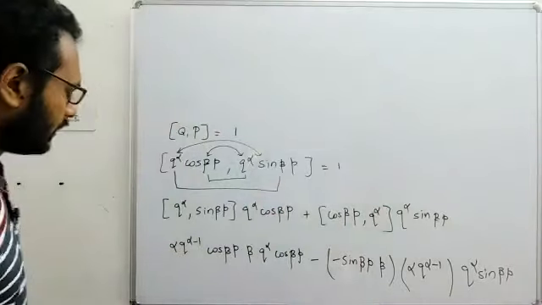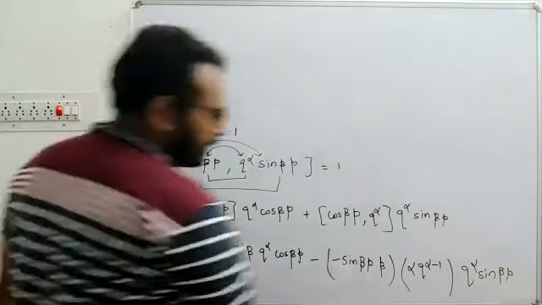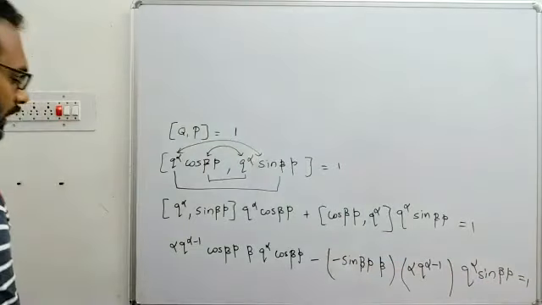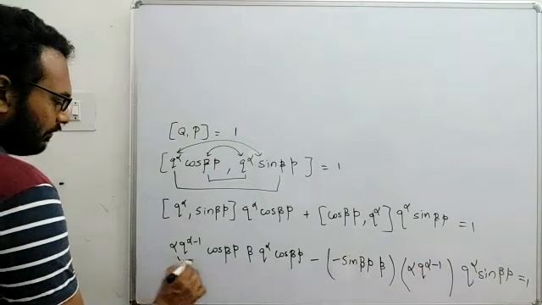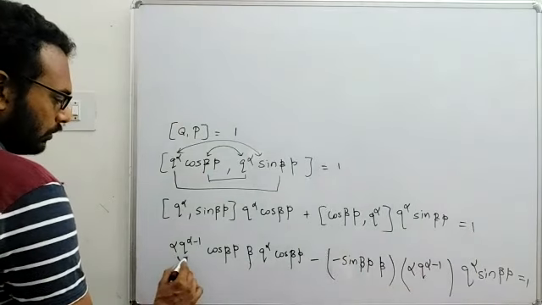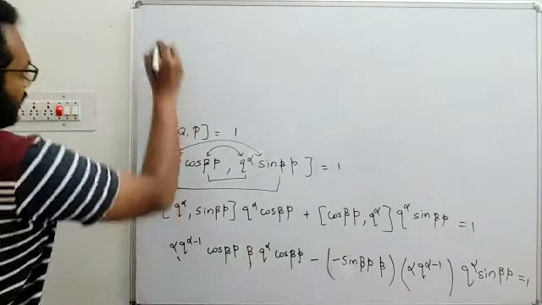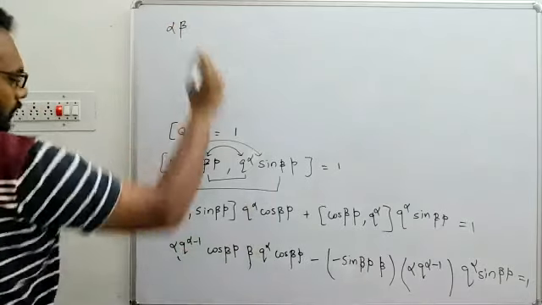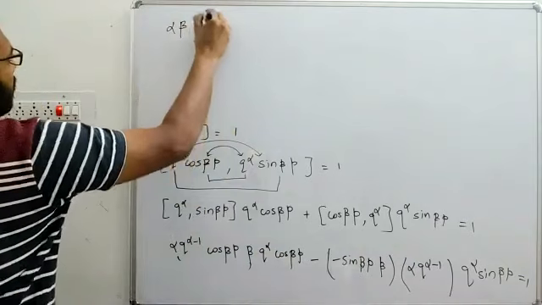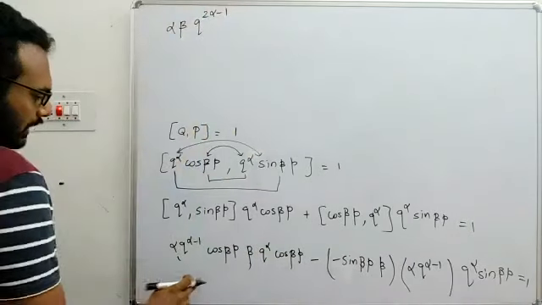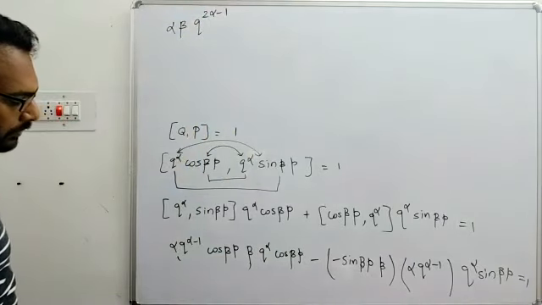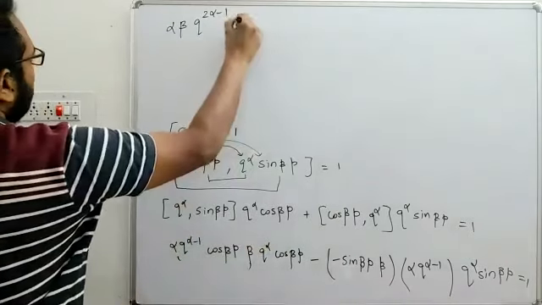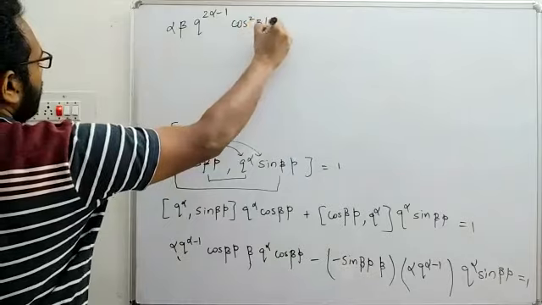So what do we get here? This has to be equal to 1. We are demanding that this is equal to 1. So we just combine terms here. We have alpha, beta, and q^(alpha minus 1) times q^alpha, which becomes q^(2 alpha minus 1), and cos squared(beta p).